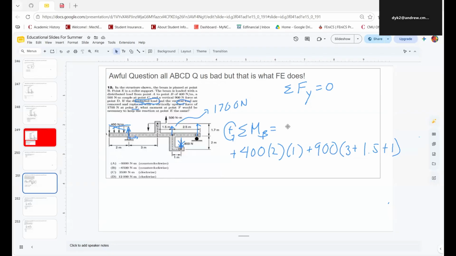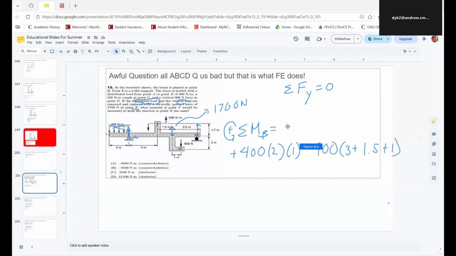This is the moment on 3, 1.5, and 1 plus 1, that's a distance, and there's 900. So that creates a moment. Let me check over here. Let me erase this so I can actually read this. Yes, it is a negative. Right hand rule, please. Always make sure to do that.